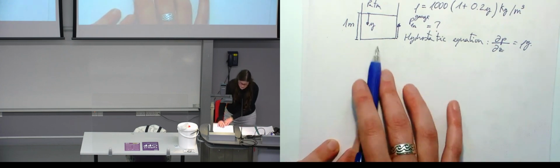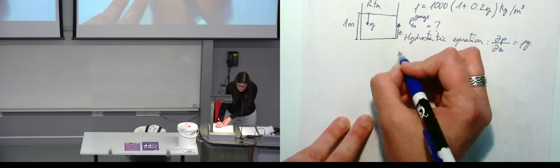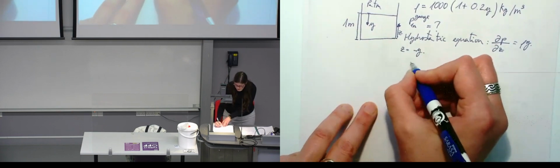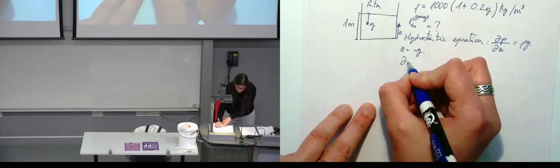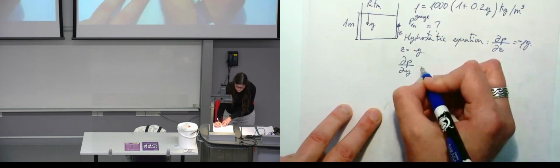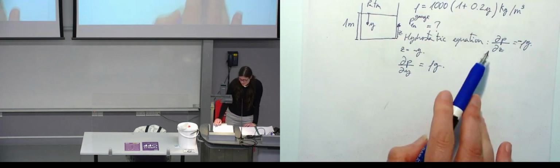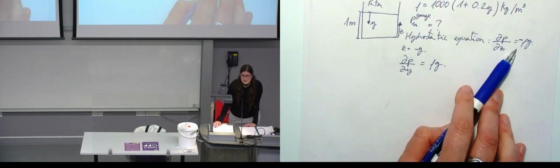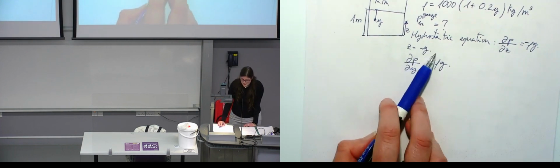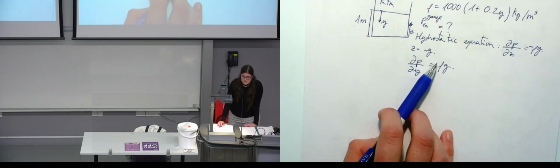The relationship between z and y is that z equals minus y, so we can just go partial p, partial y equals rho g. I've removed the minus sign because the directions are opposite.